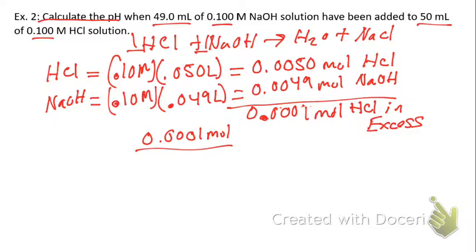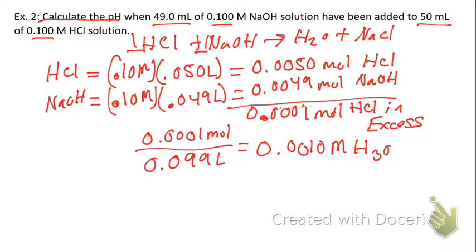And the total volume of the solution is 50 milliliters plus 49 milliliters. So that should give us 0.099 liters, which gives us a concentration of essentially 0.0010 molar of the hydronium ion.